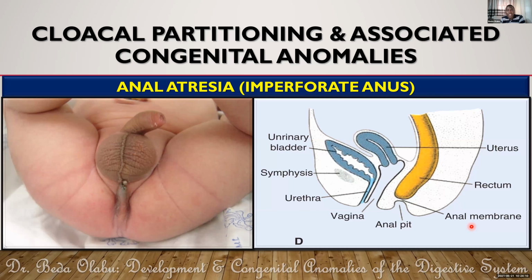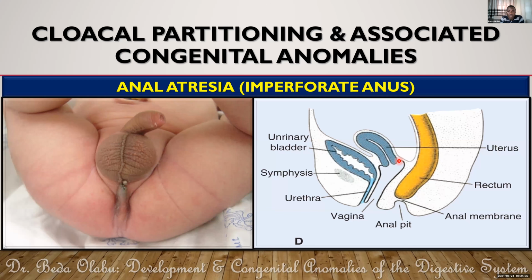When there is anal atresia, you may have it isolated like this one, or it may be associated with the rectum finding another channel of exiting stool other than through the anus. If the rectum finds another channel of exiting stool, that channel will be through the urogenital sinus.